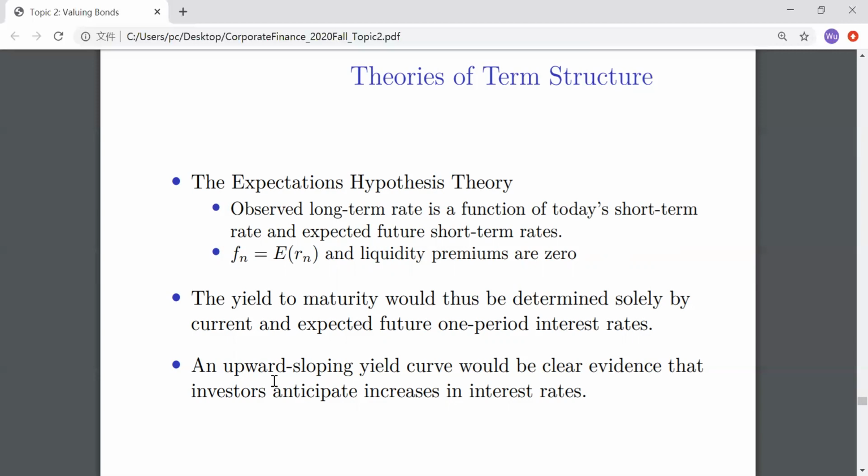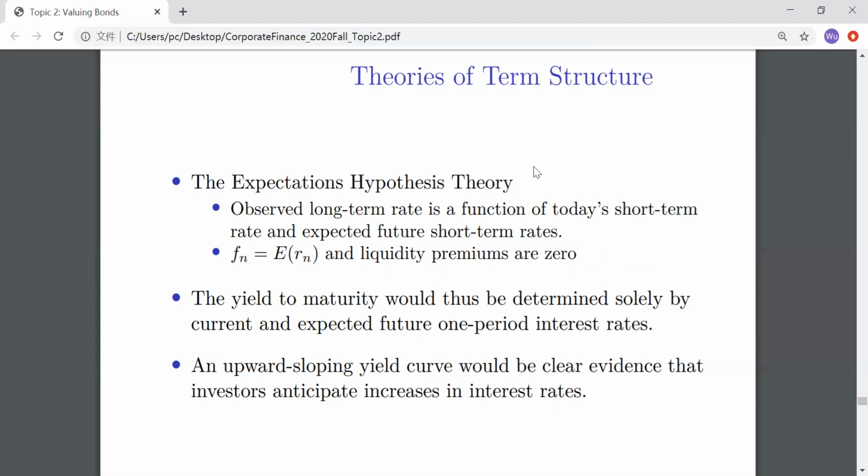Now, one theory to explain the term structure is that we don't take into account liquidity premium. There's no risk premium. So in that case, the observed long-term rate is going to be a function of today's short-term rates and expected future short-term rates, right? We implicitly assume that the forward rate equals the expected short rate. So risk premium is equal to 0.